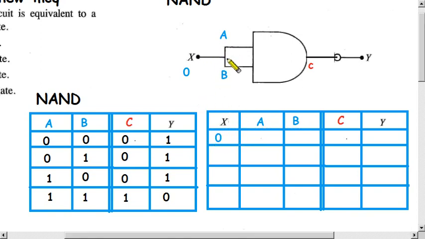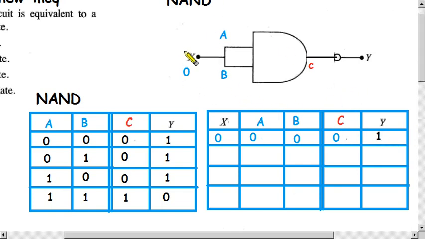That goes to both inputs A and B, so they become 0 as well, like this. Then A is 0, B is 0. From this truth table you can select the result for A 0, B 0. C will be 0 and Y will be 1. So that is the final output.